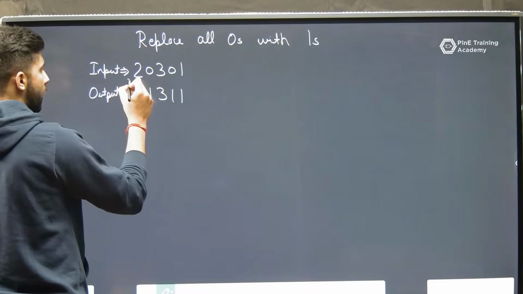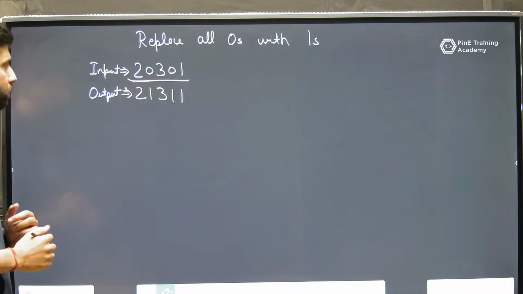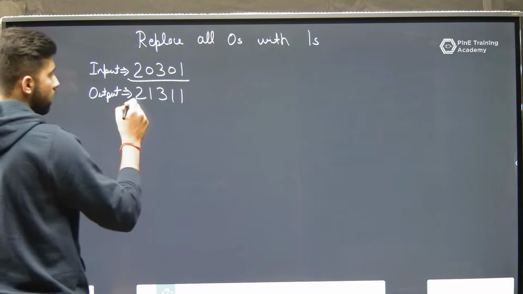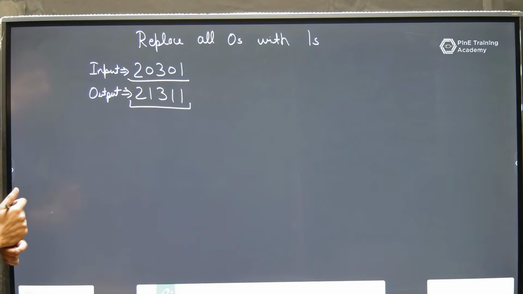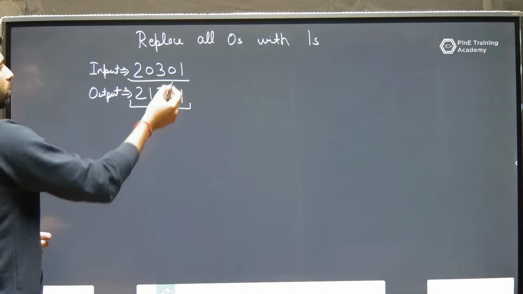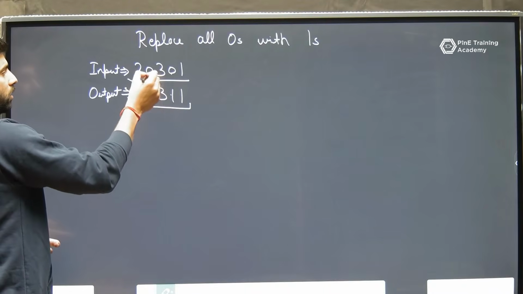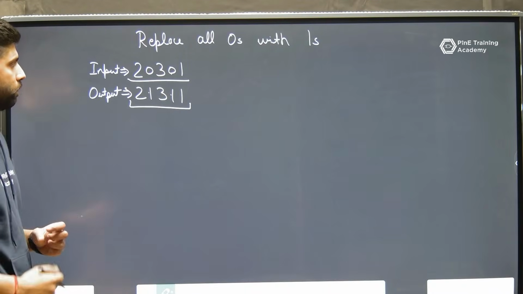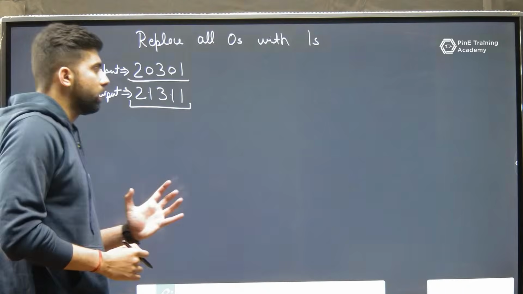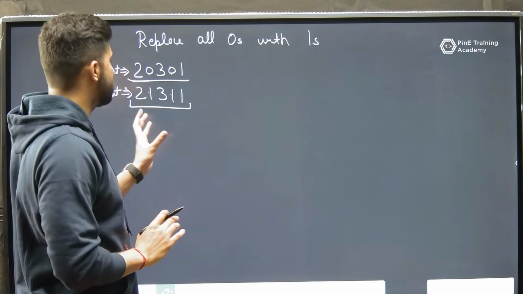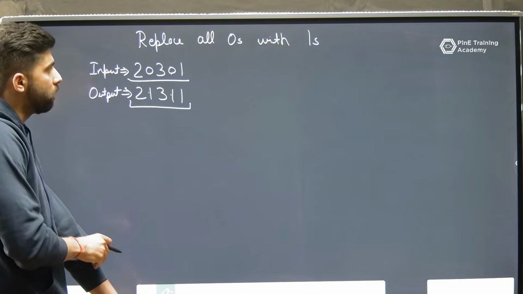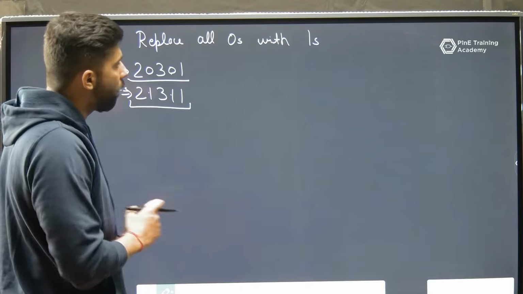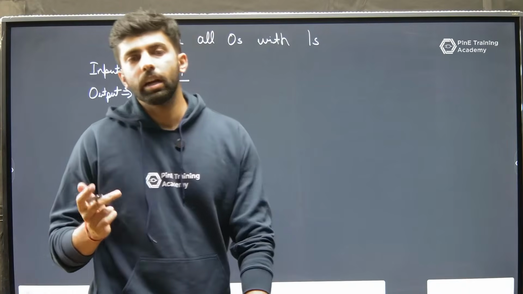So for example, if I have this number as an input, I need to return this particular number. So instead of 0, we have written 1. The logic is very simple for this particular problem, and it is built upon the logic of reversing a number.